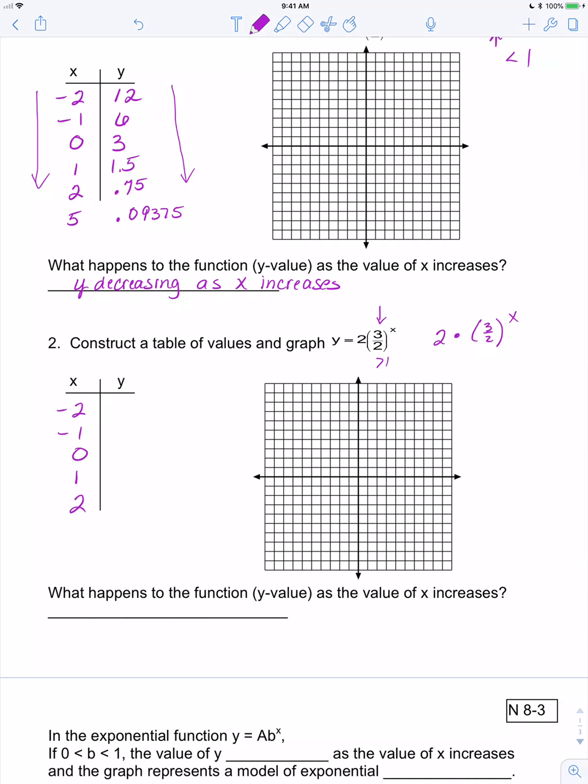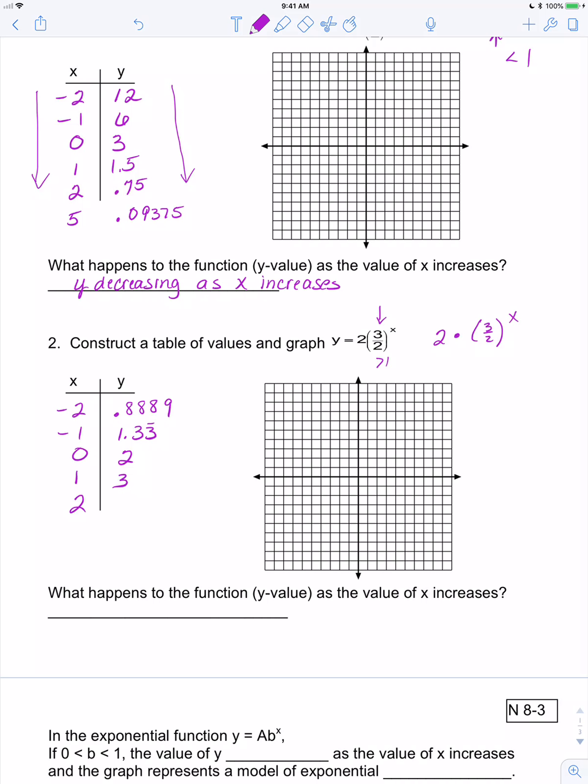Go look at my table. So when x is -2, I show that it's 0.8889. When it's -1, it's 1.33. It's just going to keep going. When x is 0, then that answer is 2. When x is 1, it's 3.